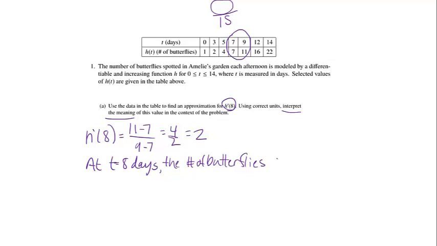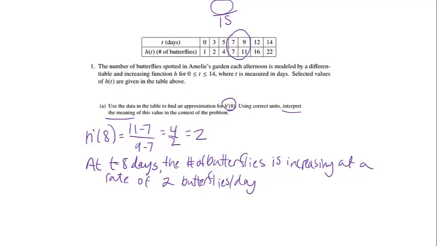Since h prime was positive, the number of butterflies is increasing. And then we will say at what rate. So at a rate of 2 butterflies per day. And if you are not sure on the units of that, again, we're just taking the y, which was the number of butterflies, divided by the x, which was the number of days.